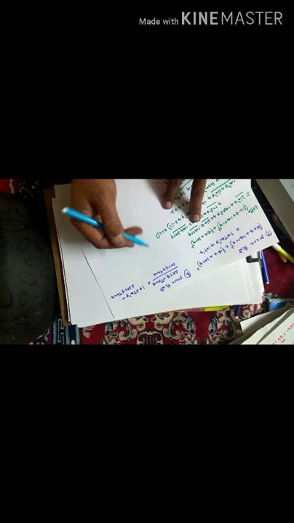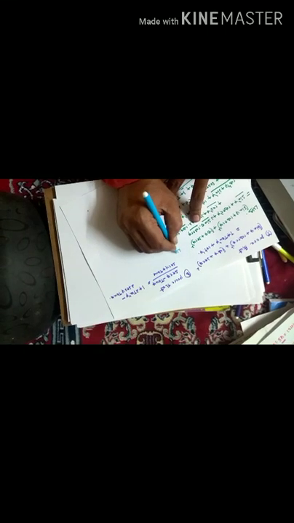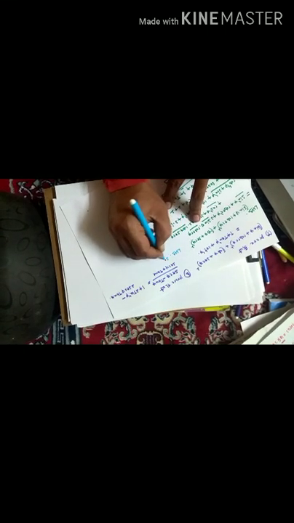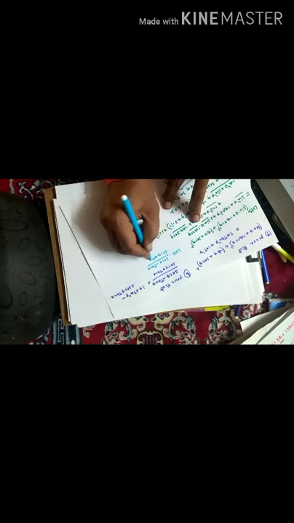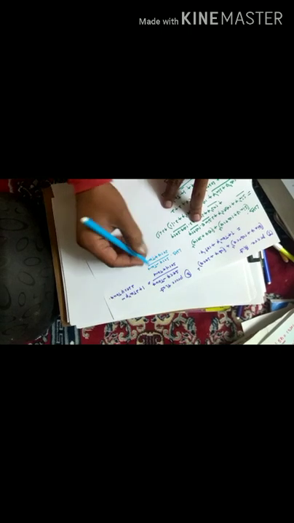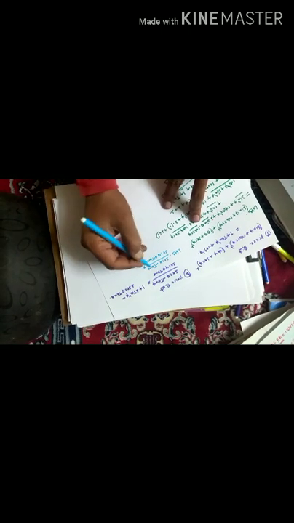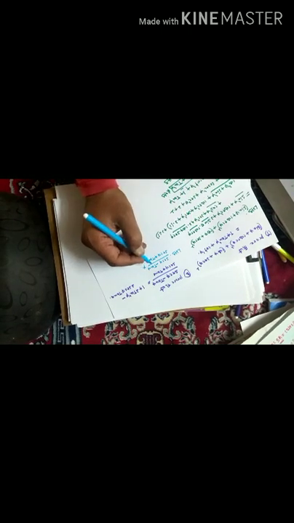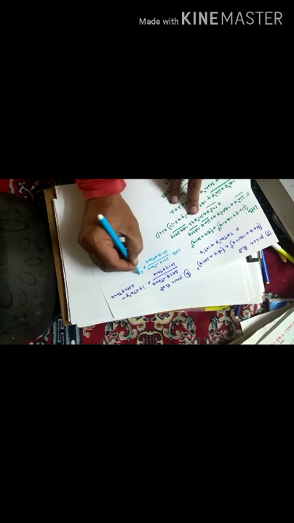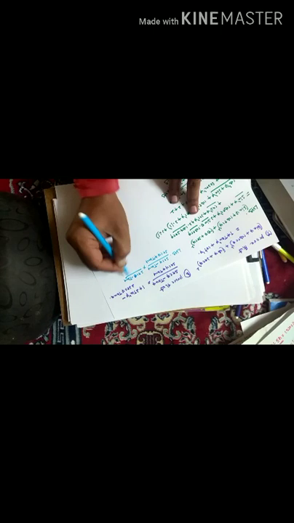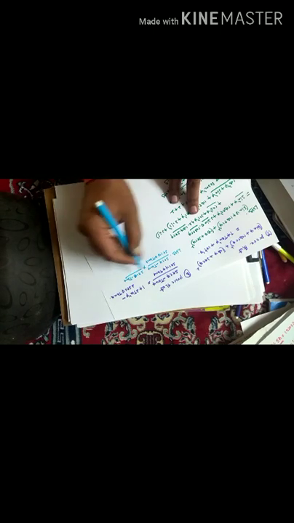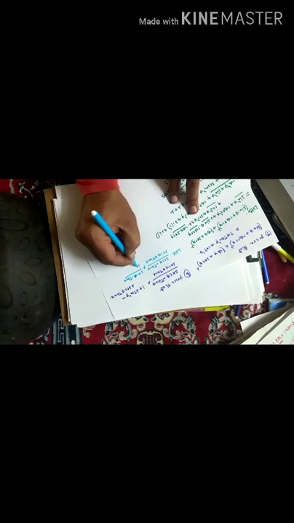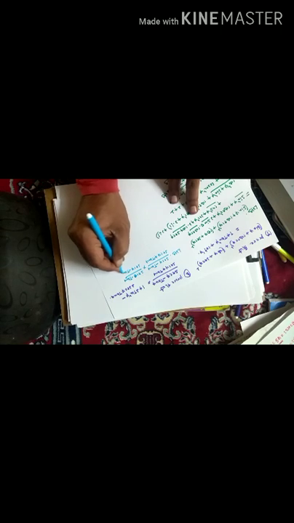So I will take LHS. LHS is sec theta minus tan theta by sec theta plus tan theta. Just I will multiply both numerator and denominator with sec theta minus tan theta.